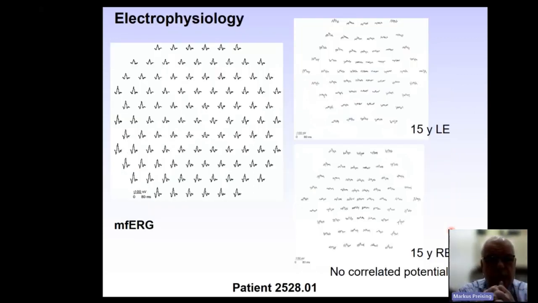To visualize this visual function, the visual acuity, you may have multifocal ERG recording on these patients, and as you can see, these patients quite early have lost correlated potentials in the center of the macula, which is a very clear indication of the affected photoreceptors. It has, in this case, the cones in the macula.